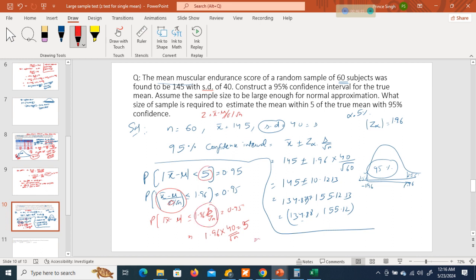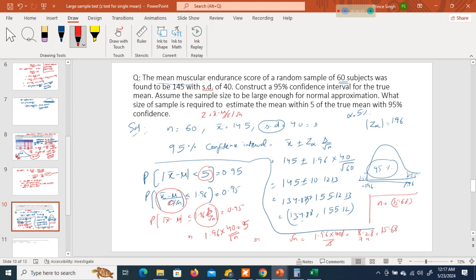If we solve this expression, the square root of n is equal to 1.96 into 40 divided by 5. Its value is 15.68. So this is the value of square root of n. So what is the value of n?